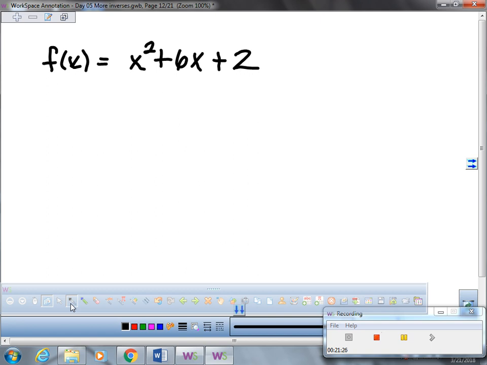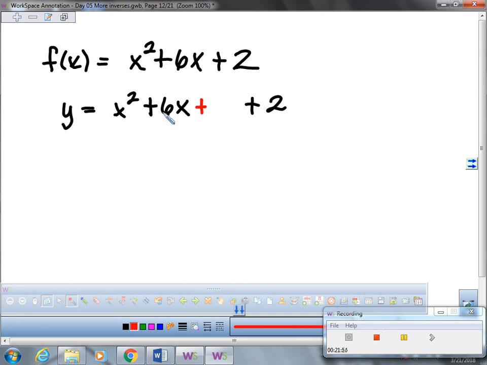So I'm going to scooch it. So I have y equals x squared plus 6x. And I'm going to scooch that 2 over because I don't need it. So what can I add in order to have a perfect square right here? If I cut 6 in half, I get 3.